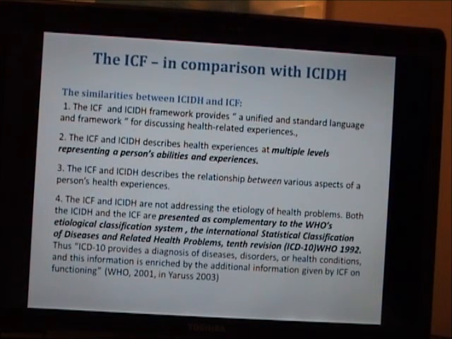Thus, ICD-10 provides a diagnosis of diseases, disorders, or health conditions, and this information is enriched by the additional information given by ICF on functioning.